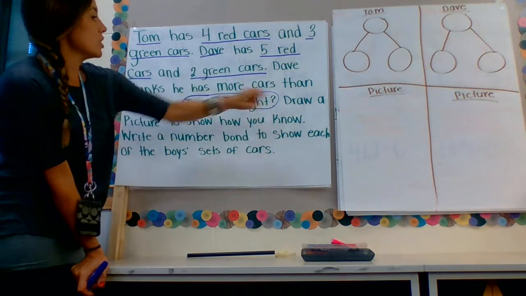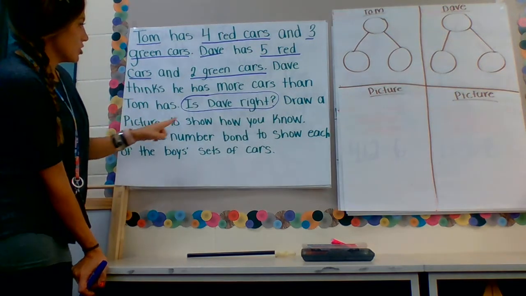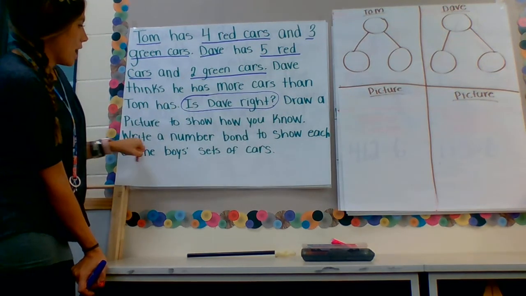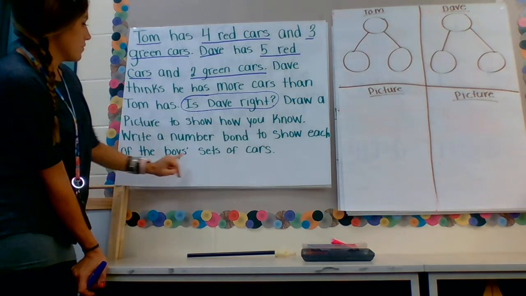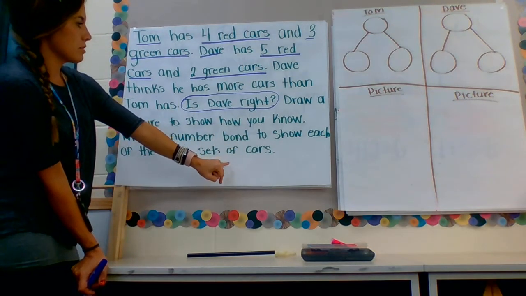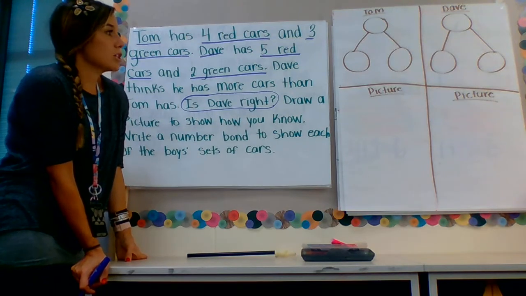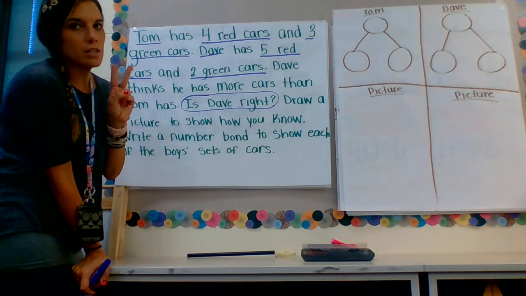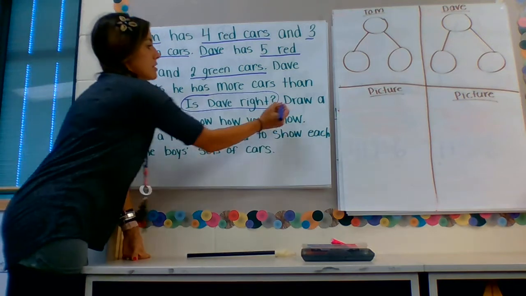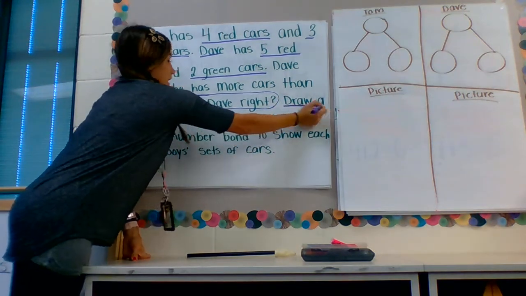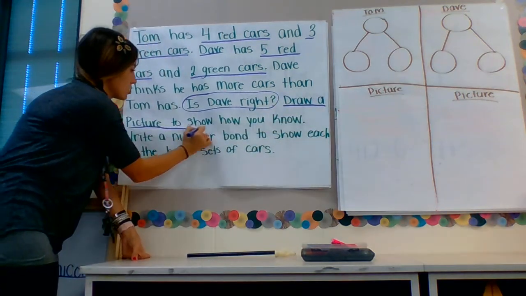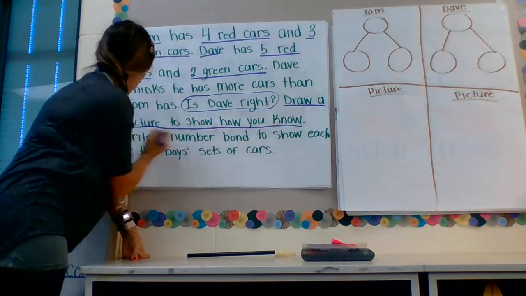But our directions say, draw a picture to show how you know. Write a number bond to show each of the boys' sets of cars. Okay, so I'm going to underline our directions because actually they're telling us to do 2 things to figure this out. Draw a picture to show how you know.